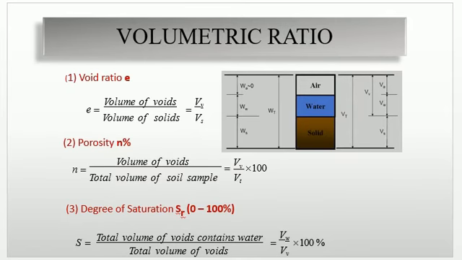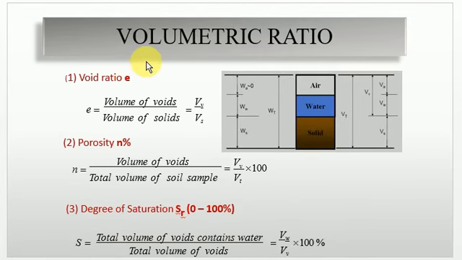Here I differentiate some equations with the volumetric ratio, weight ratio, and unit weight ratio. So let's understand about volumetric ratio. Here are some properties based on the three-phase system. First one is void ratio. Void ratio is denoted by small e.